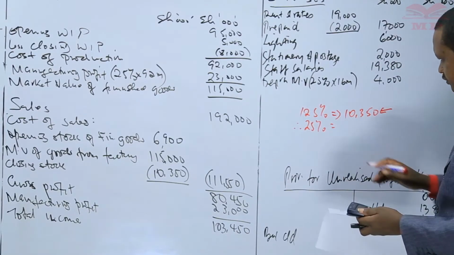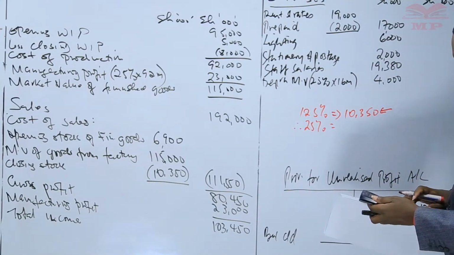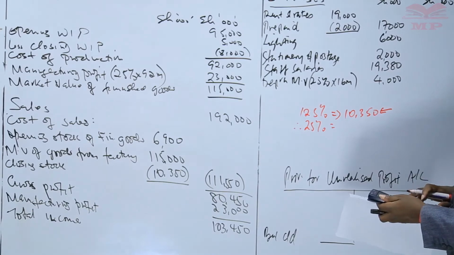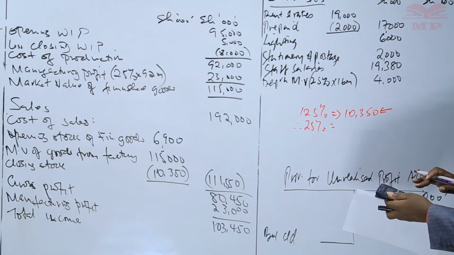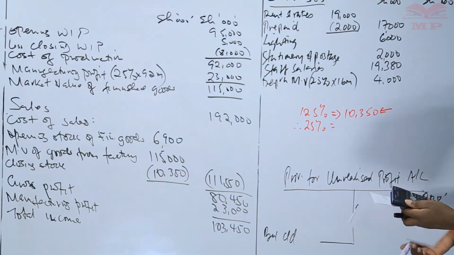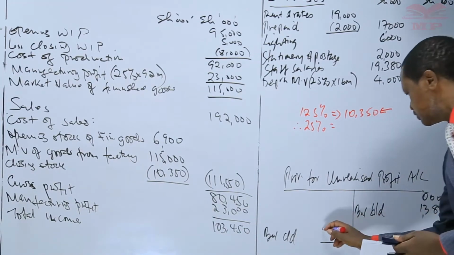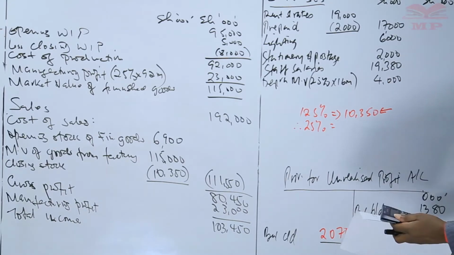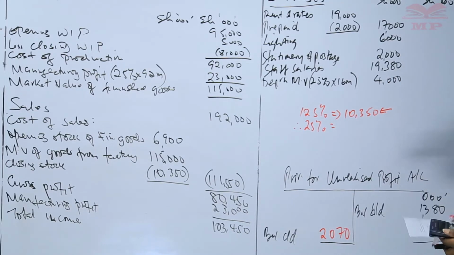So what is 25% here? We will have 25 divided by 125 times 10,350. So the balance here will be 2,070,000. So we need to get the difference between these two. Is this an increase or a decrease?